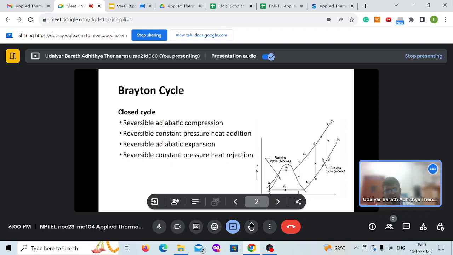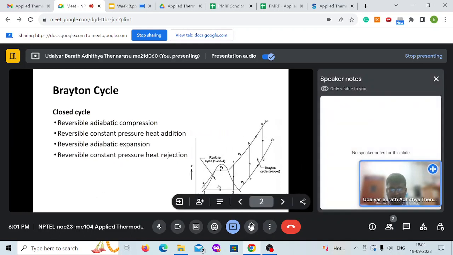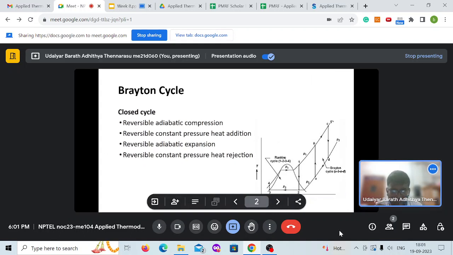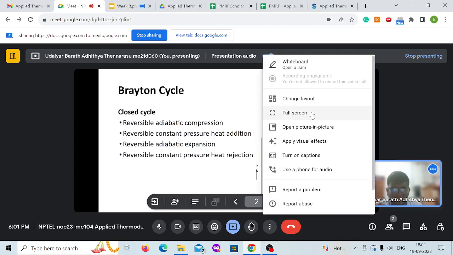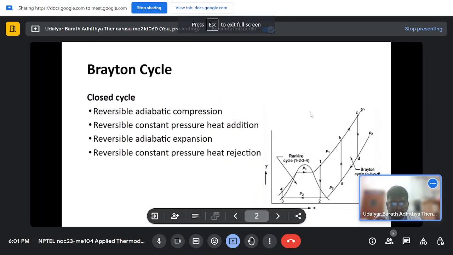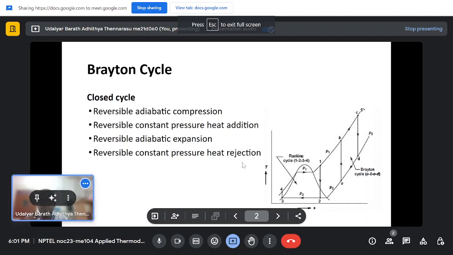cycle. So I've shown two diagrams here, two cycles in a single diagram. We have two cycles plotted in a single TS diagram.